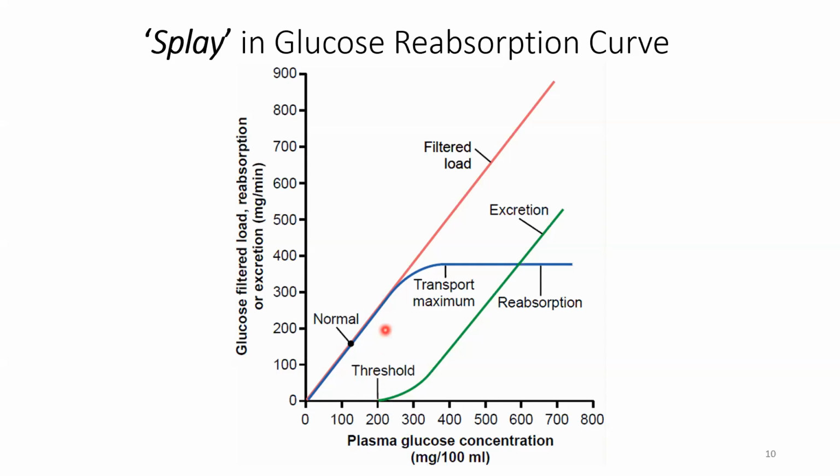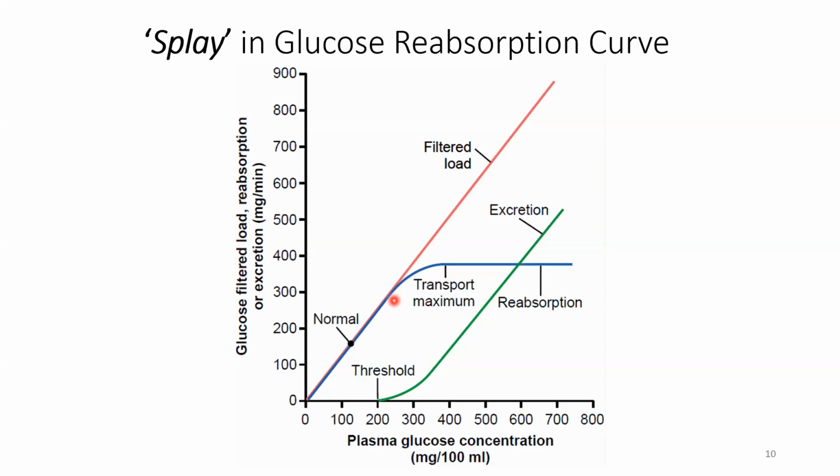So right around the threshold value, those nephrons start switching off, and the glucose, which is now entering into their tubular fluid, starts to come into the urine, right? So this is where transport maximum for those nephrons has been achieved. Hence, you see the deviation of this reabsorptive curve slightly now to the right.